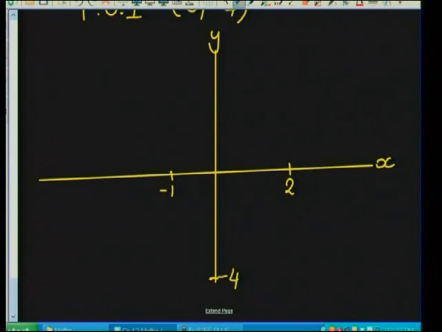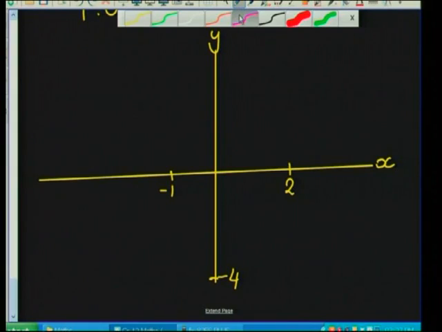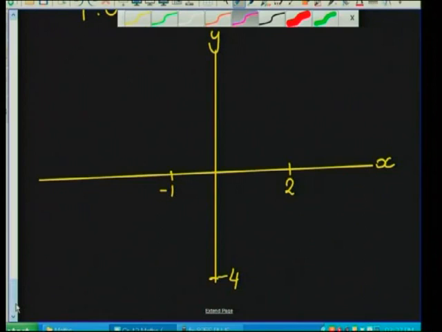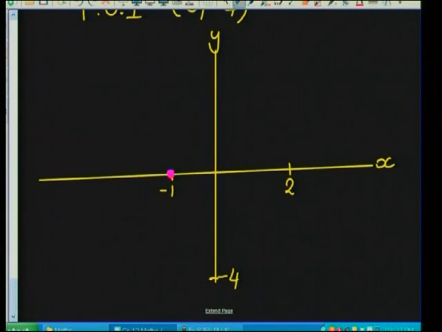Let's have a look at our turning points. It might be worth just doing them in a different color so that when you're drawing it, you know which one's an x-intercept and which one's a turning point. Okay, we said that we had a turning point at, let's just make sure we got it, negative 1 and 0, 1 and negative 8. So negative 1 and 0. So I'm going to put a pink dot there just so I know that that's a turning point.